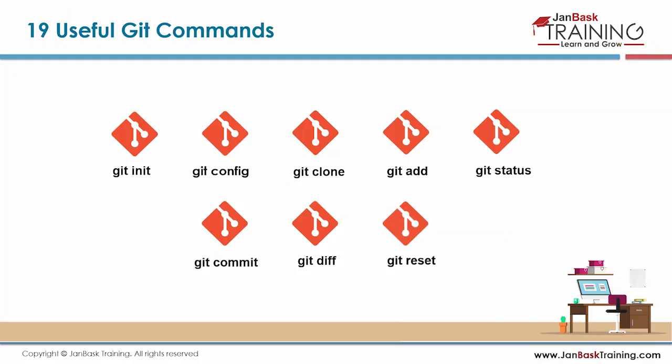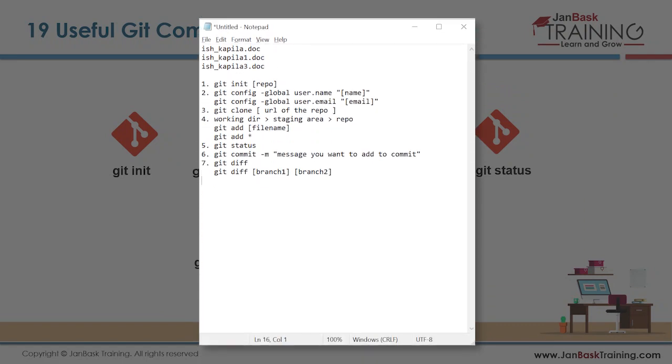And now we have the git reset command. If you see, we use the command git add file name to add a file from the working directory to the staging area. Now suppose you want to move a file back from the staging area to the working directory.